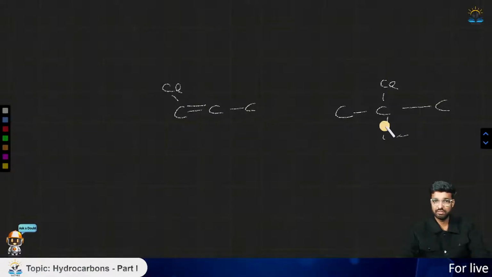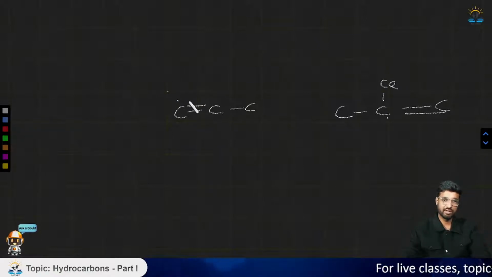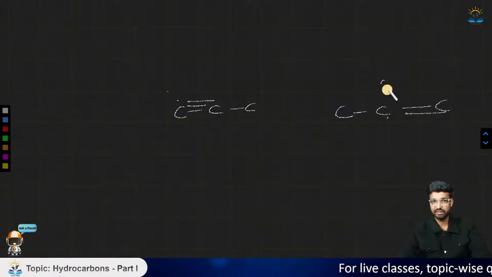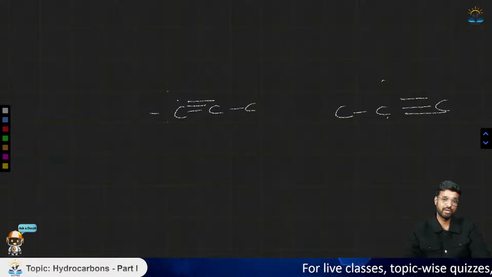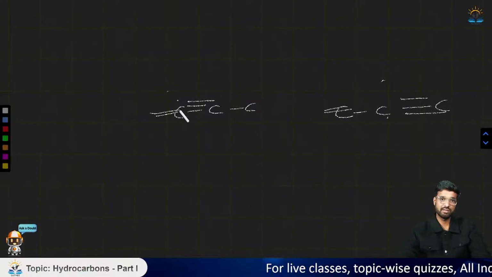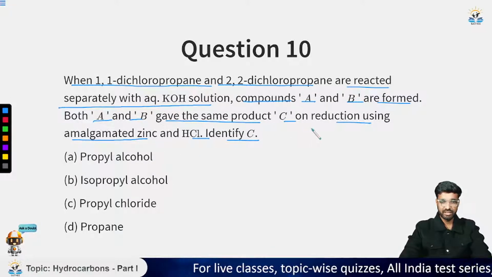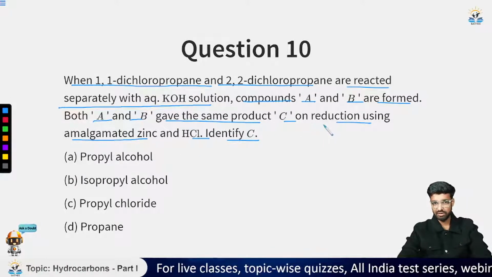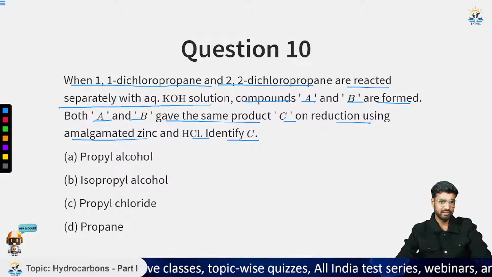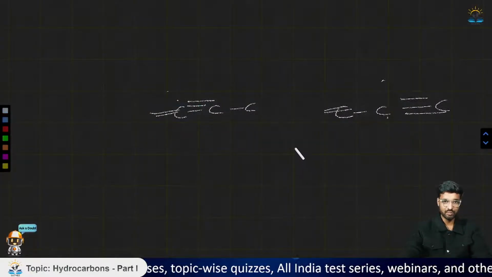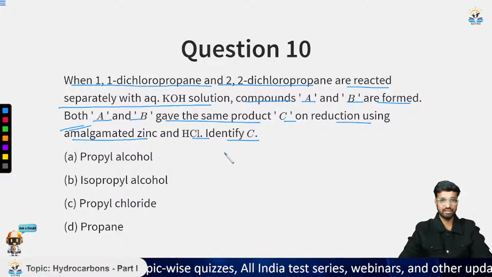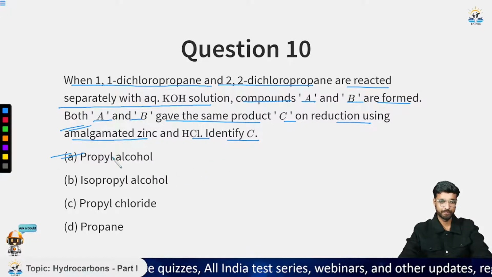This here also. Now again one more will be eliminated, and we will get an alkyne. So we will get two alkynes, this alkyne and this alkyne. Now both A and B give the same product C on reduction using amalgamated zinc and HCl. So you will react this with zinc and HCl and you will get your product.